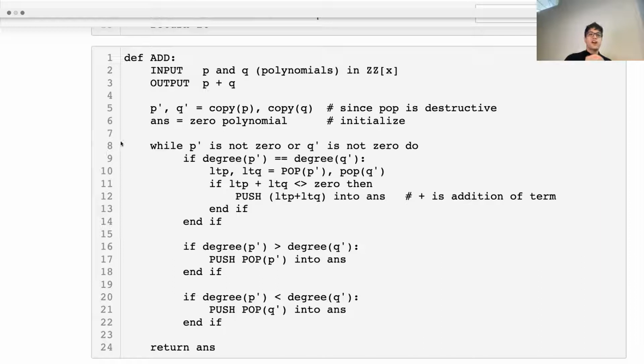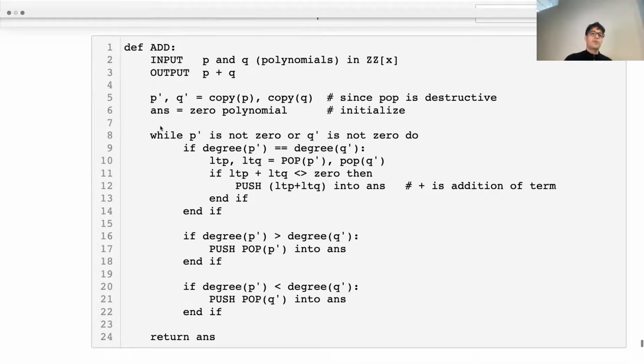So we're going to copy them, and you may have to deep copy, because p and q are going to be a vector of terms, and terms are going to be references. So this really means deep copy. We're then going to form the answer, the sum of p and q, and return it. Here's how we construct it.